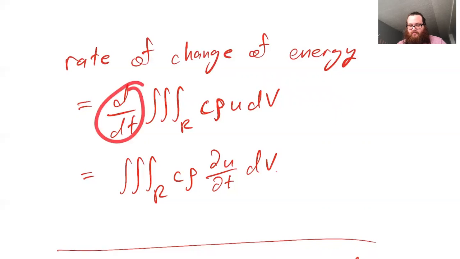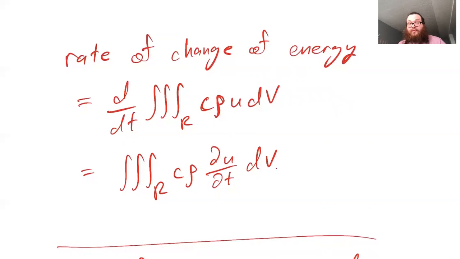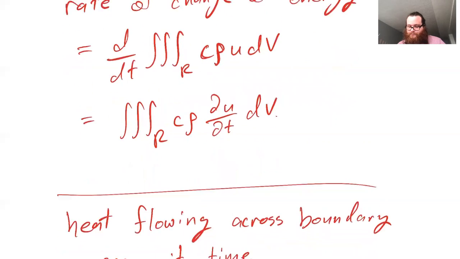So this time derivative only affects temperature, okay? And so that's why we move it there and take that partial. Okay? So that's the rate of change of energy. And that's 1/3 of what we're looking for.